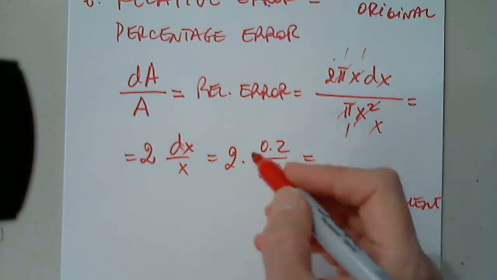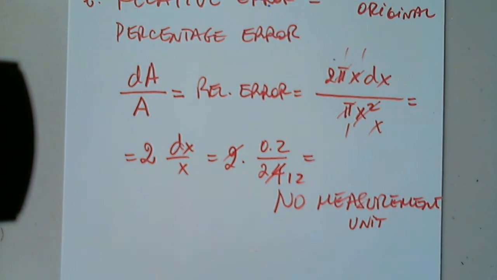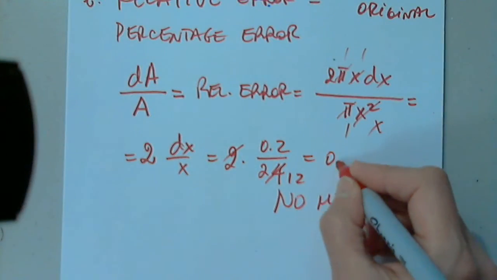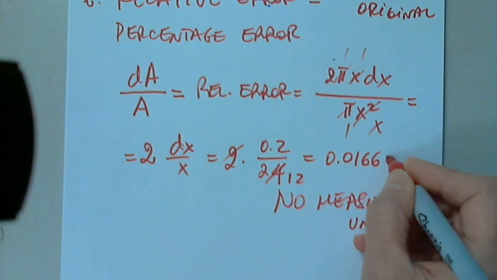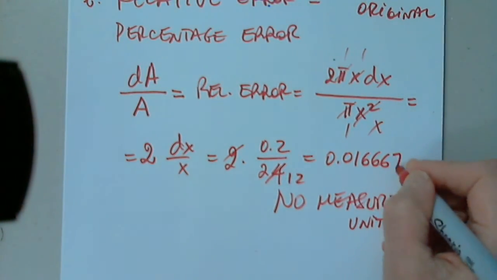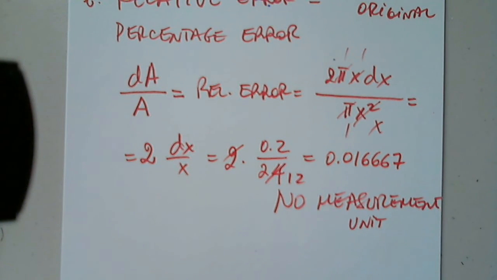So I'll simplify, and I have 0.2 divided by 12. And I got 0.016667. No measurement unit.